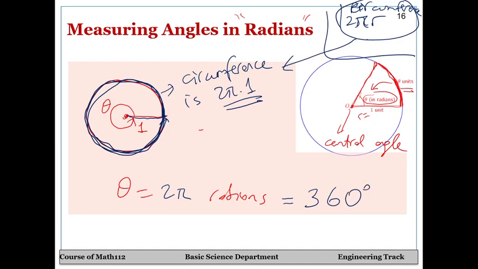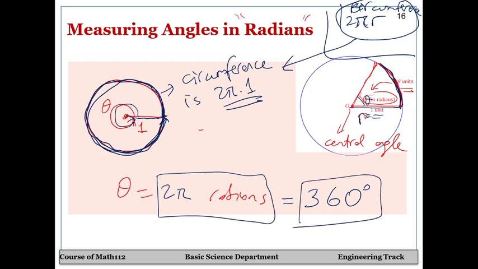So this is the key idea here. We want to look at the corresponding arc length to that angle, when r is equal to 1. So 2 pi radians will be equal to the whole angle here, one turn. So it will be 360.